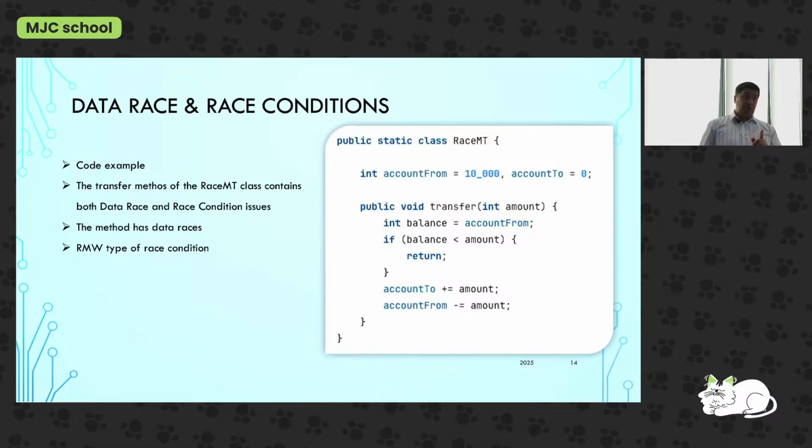This code has both data races and race conditions. The race condition type is read-modify-write, because we have account 2 plus equals amount. At the same time, when we check if the balance is less than the amount, we consider it a check-then-act race. Most importantly, it has a race condition and also data races.